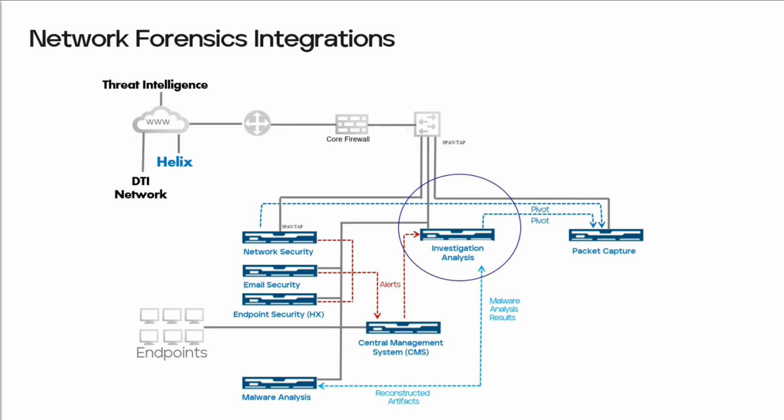When integrated with investigation analysis, after you have reconstructed that file or the artifact, you can submit it to malware analysis and then get the malware analysis results within the web UI, again from the single pane, on whether that was malicious or not. And then you can also pivot from investigation analysis to the malware analysis environment from within the web UI.